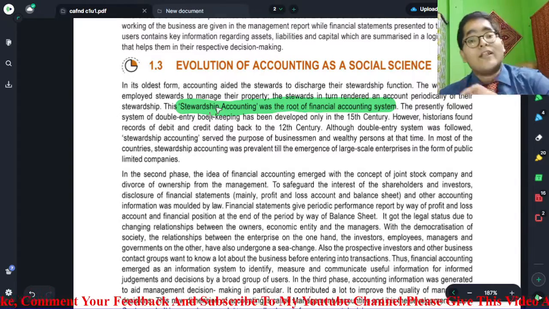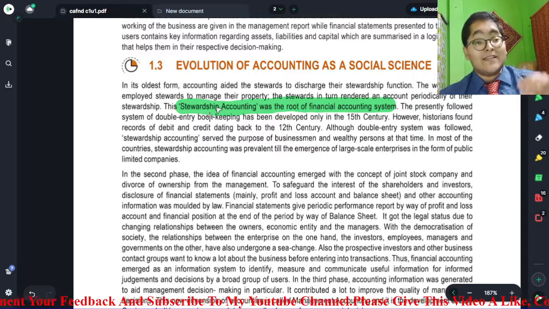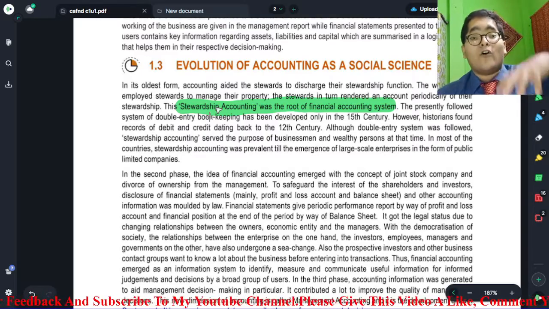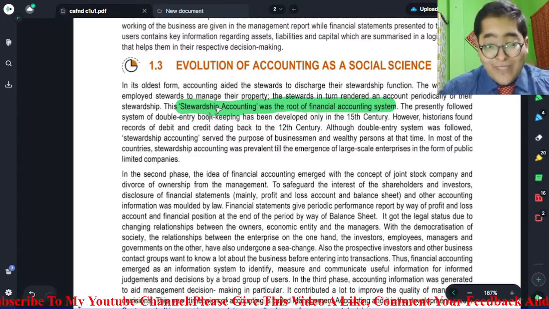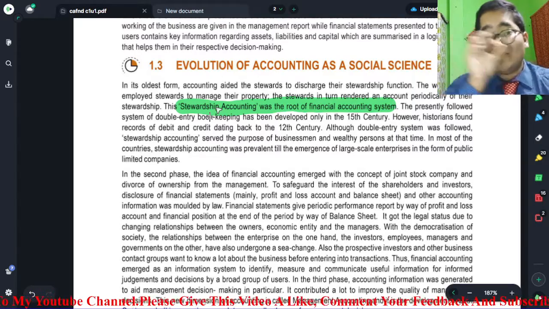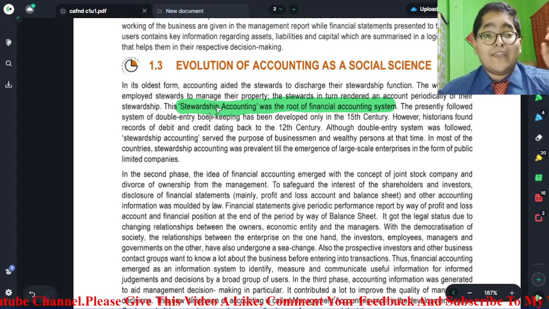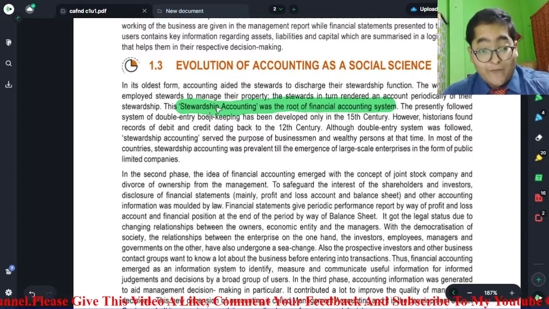That person, who wrote down the expenses and incomes, was known as the steward.